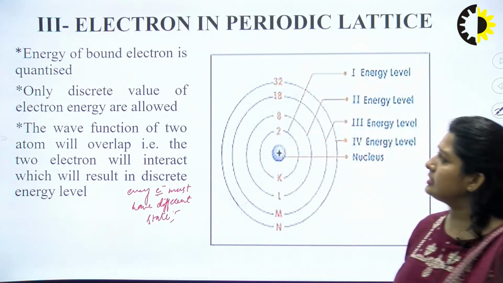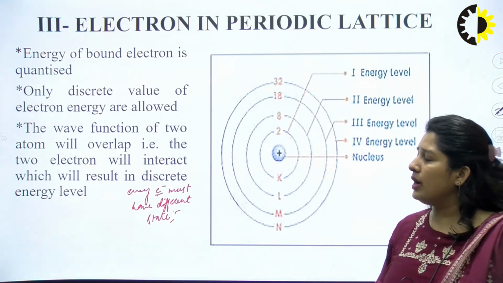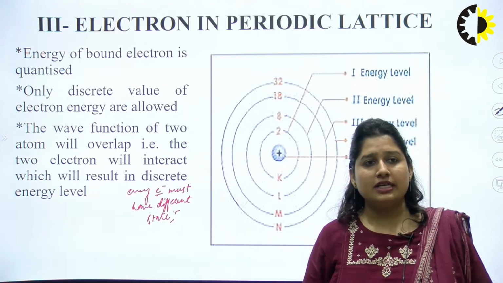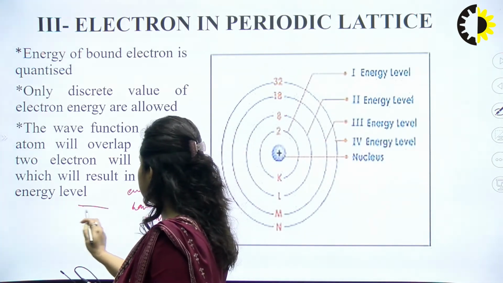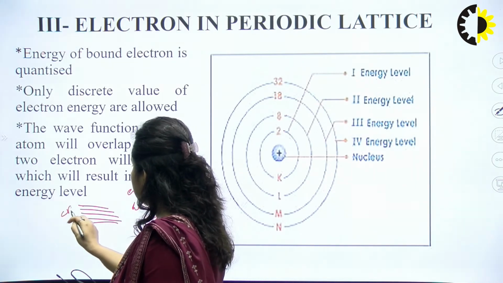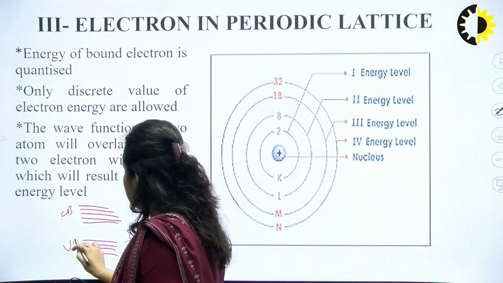Only discrete values of electron energies are allowed, and the wave functions of the 2 atoms will overlap, that is, the 2 electrons will interact, which will result in discrete energy levels. We have already discussed discrete energy levels. These are the energy levels for the conduction band, and these are the energy levels for the valence band.